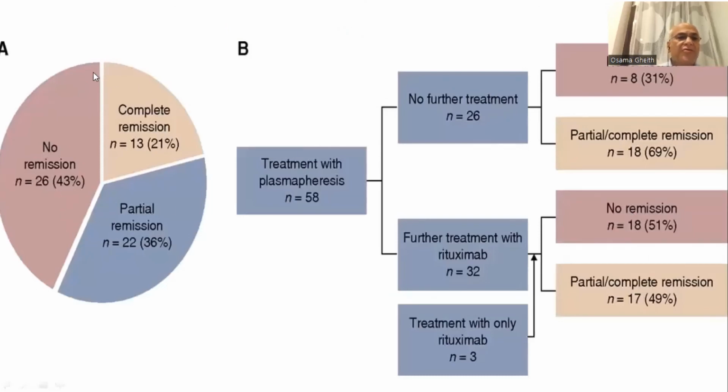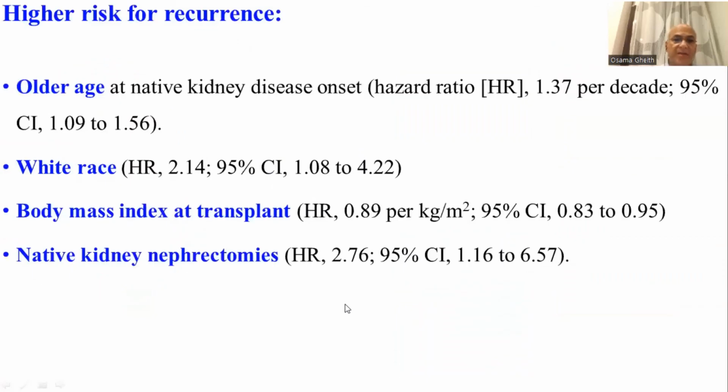This cartoon showed that a complete remission was observed in nearly 21%, while partial remission was observed in 36% of the total patients. But in those who received plasma exchange alone, the partial and complete remission rate was nearly 70%, while addition of rituximab or treatment with rituximab alone without plasma exchange had no beneficial effect in such cases.